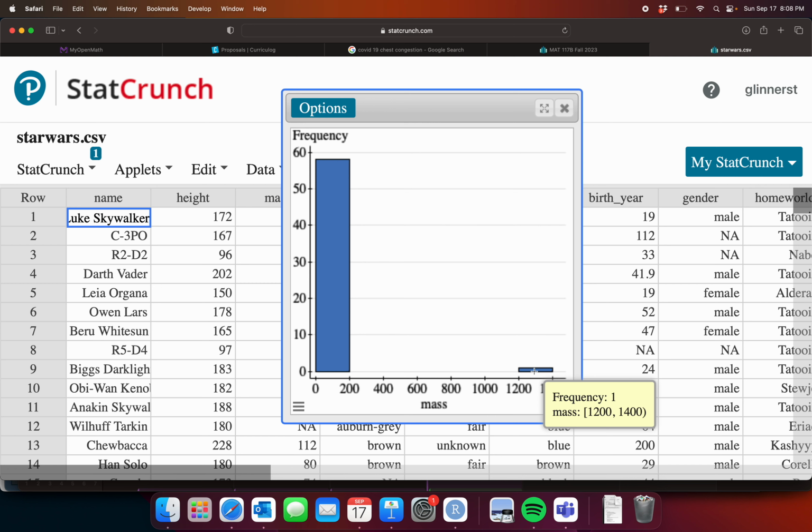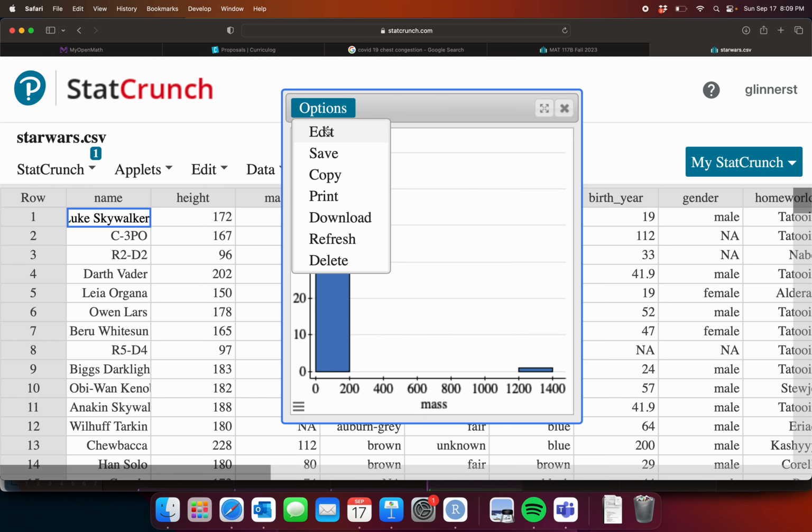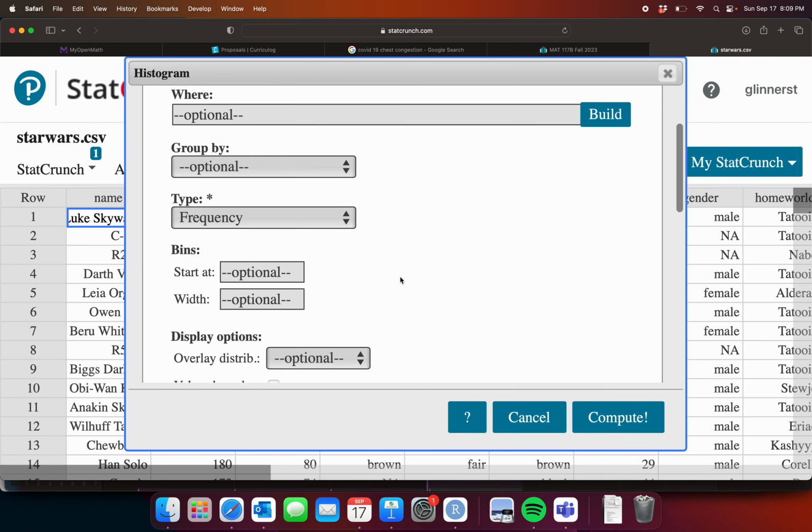And so that's interesting because, well, why are there only 2 bars? It should probably make more of them. And I guess the answer is that it's trying to include this bar down here. There is one character in Star Wars that is very large, and it's trying to include that with everyone else, but it doesn't give us a really nice picture. And so there might be a few ways.